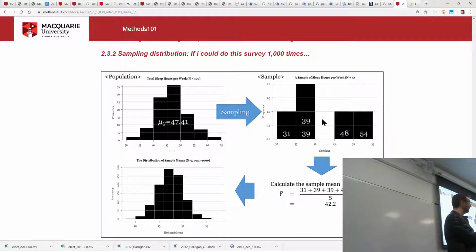But if you all drink between 1.5 and 2.5 cups of coffee a day, we can be pretty sure that the population parameter for Macquarie University is somewhere within those bounds, right? But if we go from 0 to 20 cups of coffee a day, we're not going to trust that. Am I making sense?